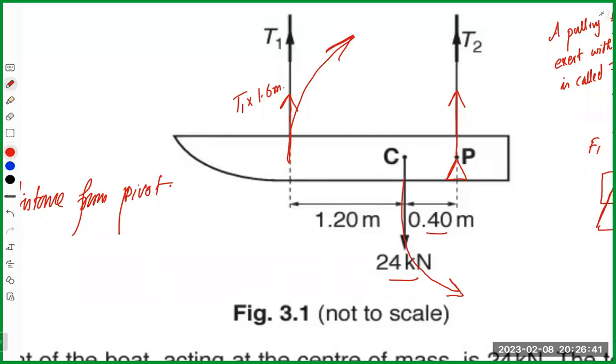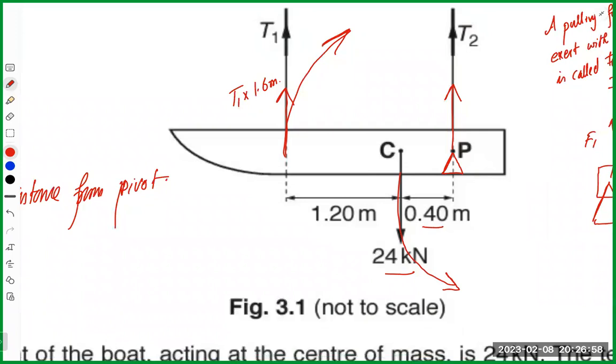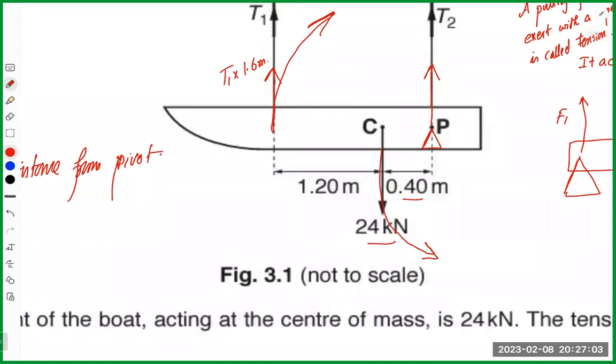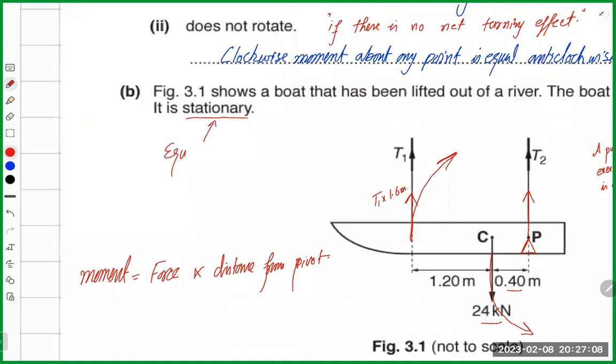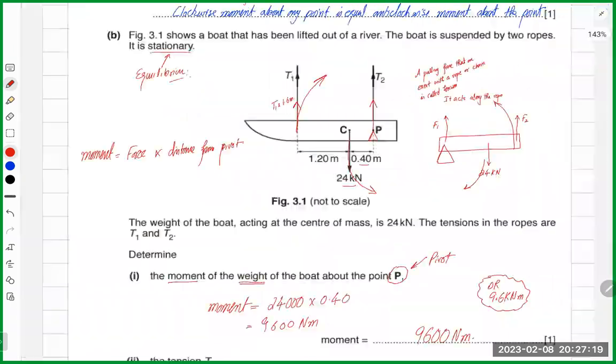Now, what is the anti-clockwise turning effect of the 24,000 Newton about the pivot? That will be 24,000 multiplied by 0.4. We have already calculated the anti-clockwise turning effect that will be produced by the weight about the pivot. Since it is stationary, it means it is in equilibrium. And when a system is in equilibrium, clockwise and anti-clockwise turning effects at any point are supposed to be equal.